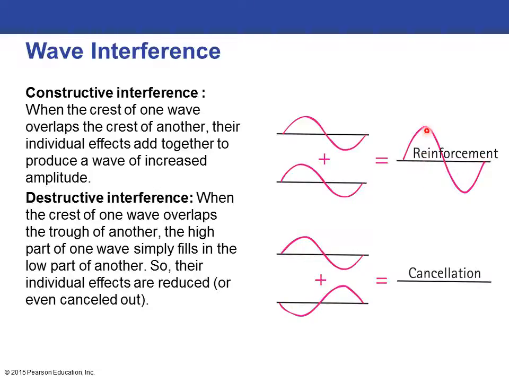Remember, amplitude is this distance from the midpoint to the crest. On the other hand, if your waves were moving in opposite directions, so one's going up at this point and the other one's going down at this point, the waves would cancel each other out. So you're subtracting your two amplitudes, and you would end up with actually no wave.